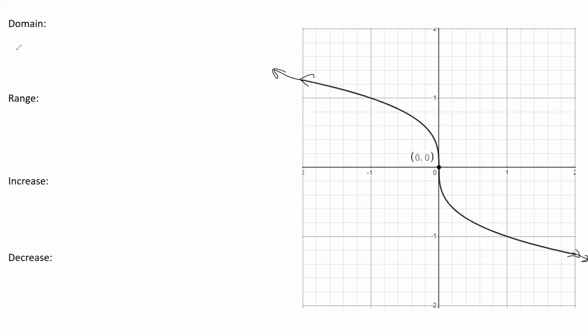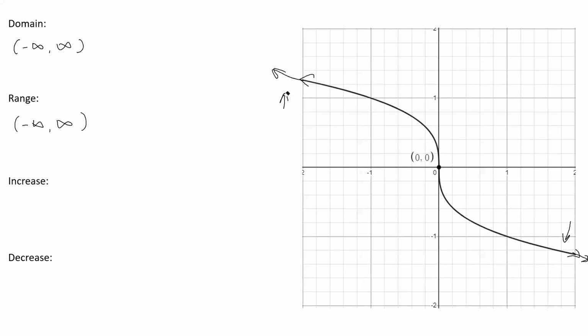So our domain is going to wind up being from negative infinity to infinity. Now our range, I'm sorry, I meant left. This one's going to go left forever. This one's going to go right forever. For our range, it's the same thing, because this one's going to go up forever. This one's going to go down forever. So our range is going to be from negative infinity to infinity as well.